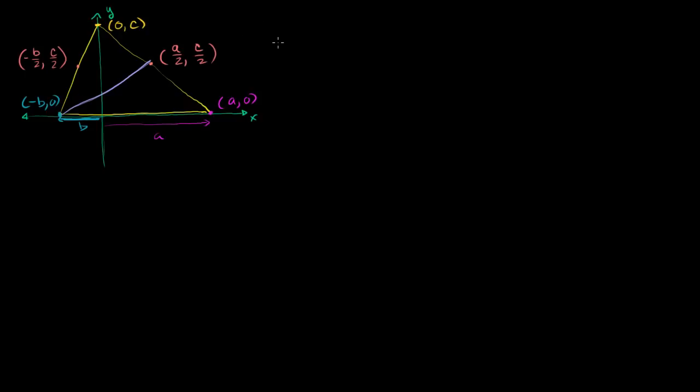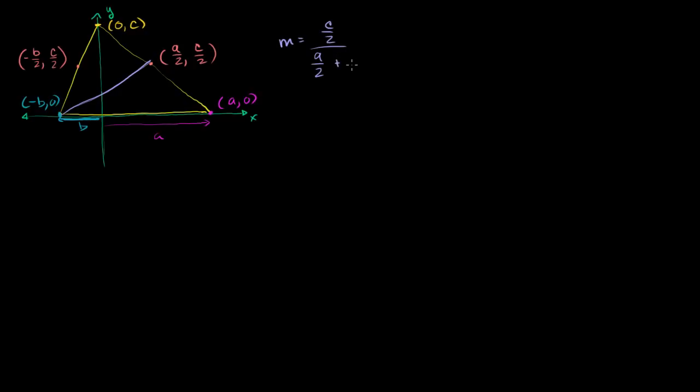So what would be the equation for this line right over here? Well, our slope is going to be change in y, so c over 2 minus 0, which is just c over 2, over change in x. So a over 2 minus negative b, so it's plus b.